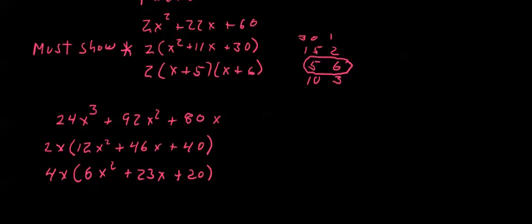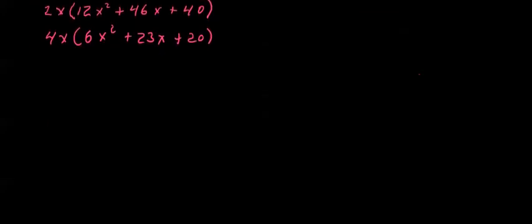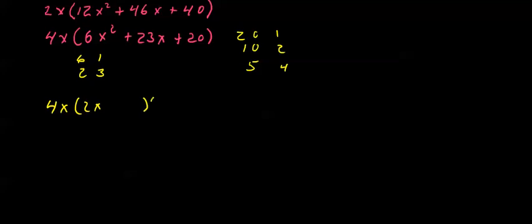Now comes the fun part. Is this factorable? Factors of 6 are 6 and 1, 2 and 3. Factors of 20, 20 and 1, 10 and 2, 5 and 4. I'm going to start with 2x and 3x.